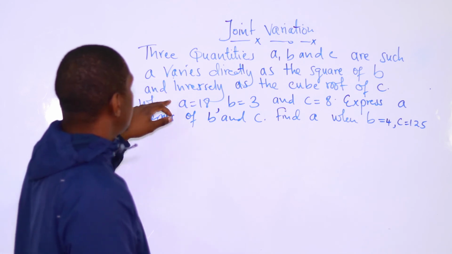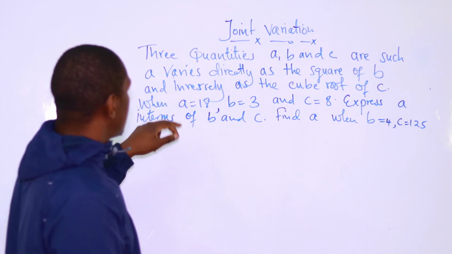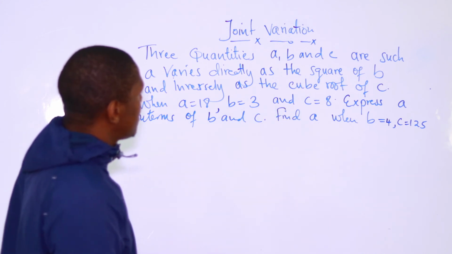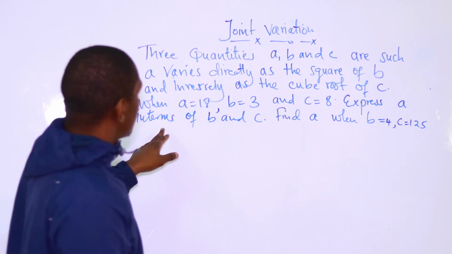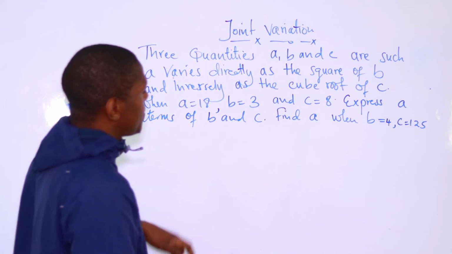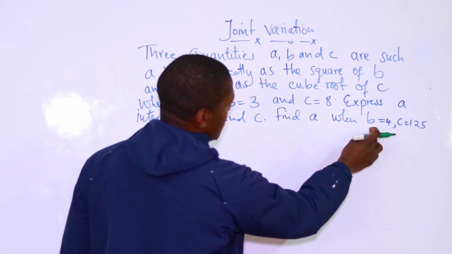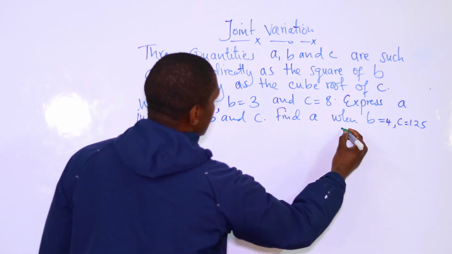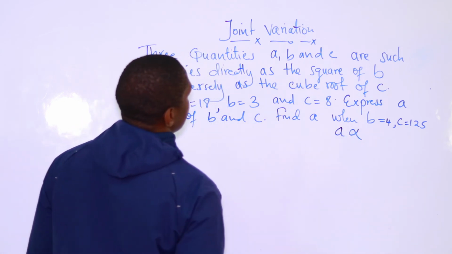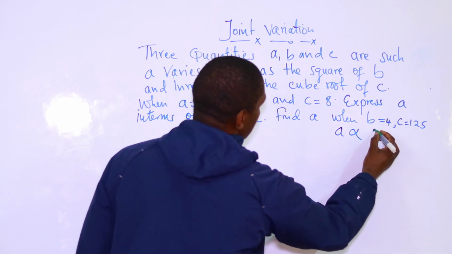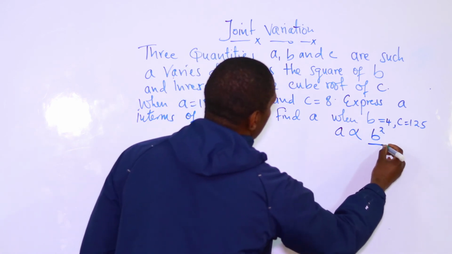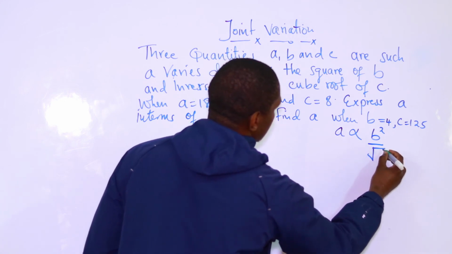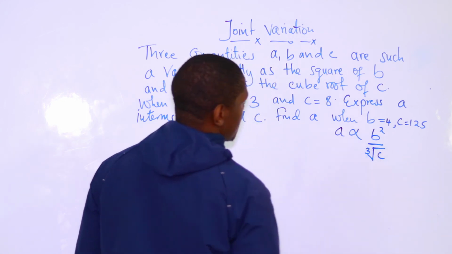On to example 2. It reads that three quantities a, b, and c are such that a varies directly as the square of b and inversely as the cube root of c. When a is 18, b is 3, and c is 8, you've been asked to express a in terms of b and c and find a when b is 4 and c is 125. You're being told a varies directly as the square of b and inversely as the cube root of c.